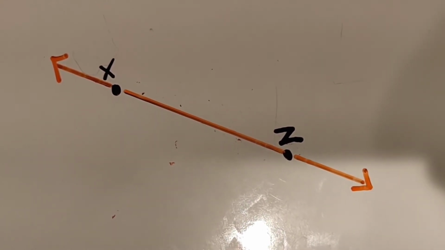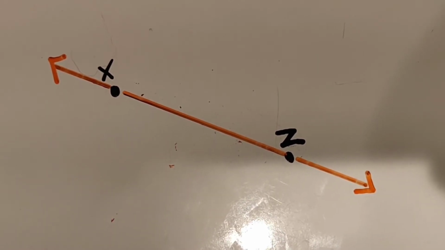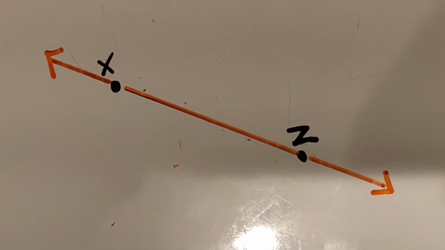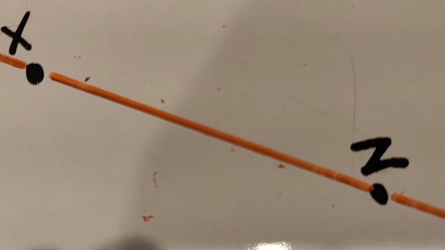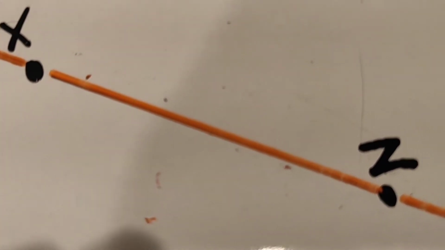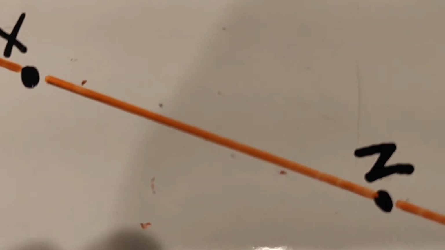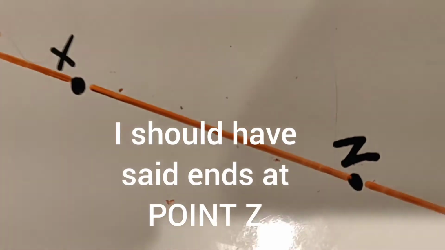So notice that the line has arrows on either side, so it keeps going in both directions forever and ever. Even with that line drawn, I still could talk about the line segment XZ, or in other words, the segment or part of the line that starts at point X and ends at point Z.